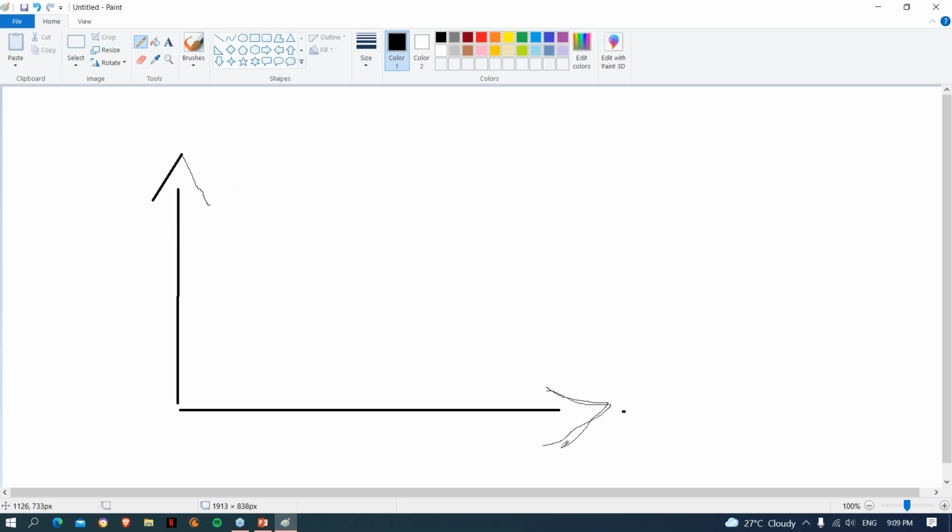And this horizontal line will represent our time frame. Let's say we're trading on a daily time frame. So each one of these lines represents 1 day, 2 days, 3, 4, 5. And here's going to be our value.